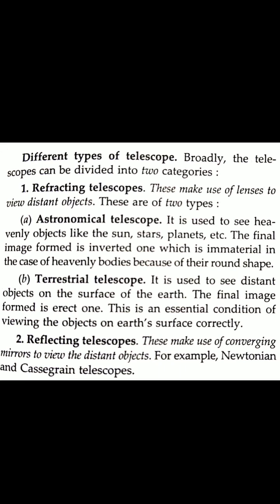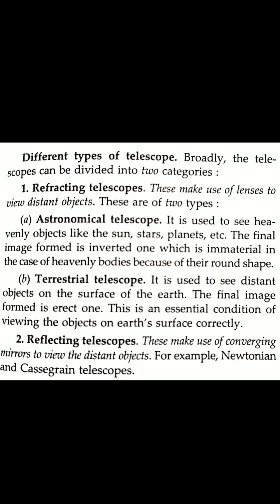Even if they are inverted, no change is there. The terrestrial telescope is used to see distant objects on the surface of the earth, so the image formed is erect. This one is not included in your syllabus.